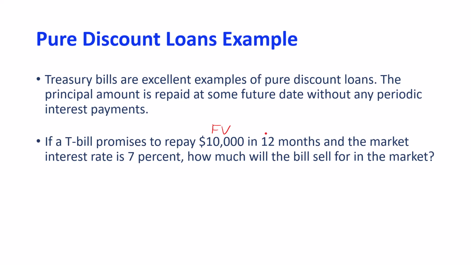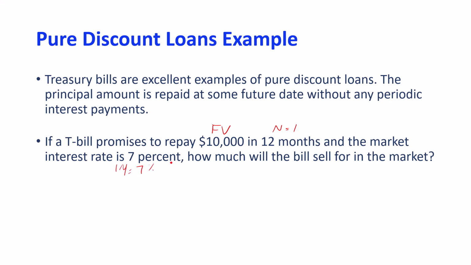So let's say a year. It doesn't say anything regarding the compounding, so I'm assuming that the compounding is annual. So N would be 1 year, and then I/Y, or the discount rate, would be 7%.